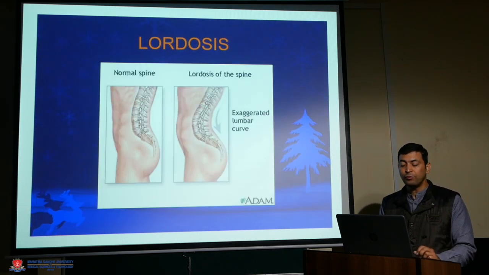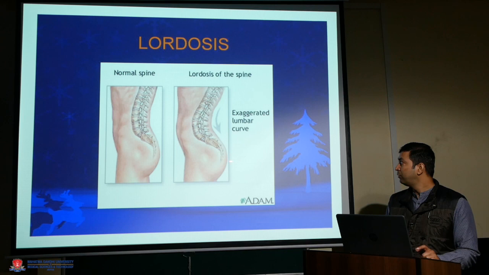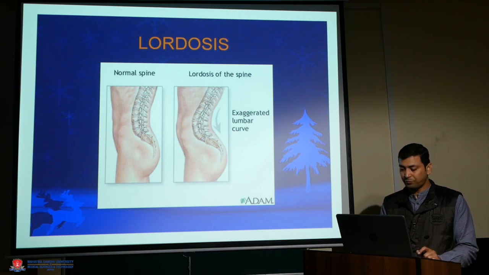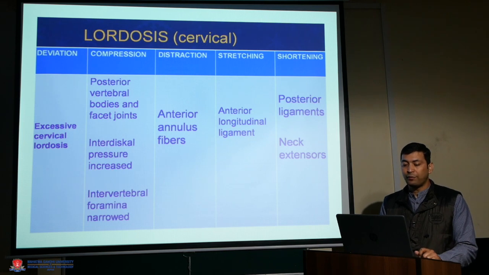So you can see the picture of lumbar lordosis, excessive lumbar lordotic curvature. Lordotic curvature at spine level, you can see the same picture just like the lumbar lordosis.